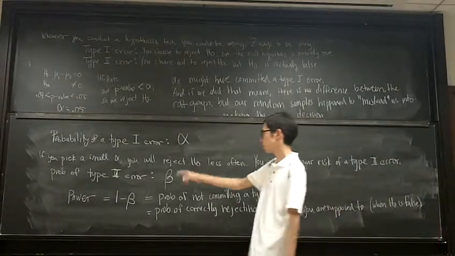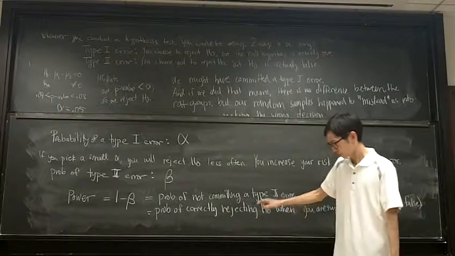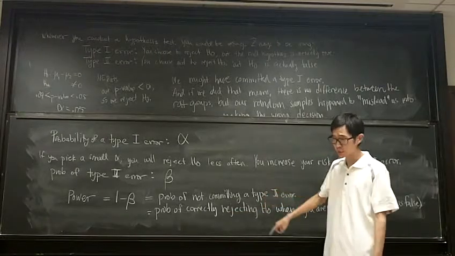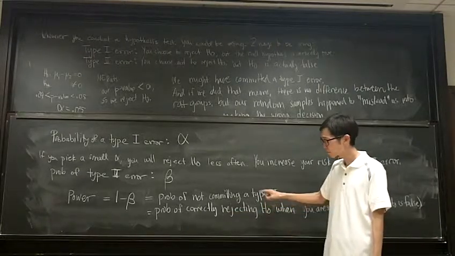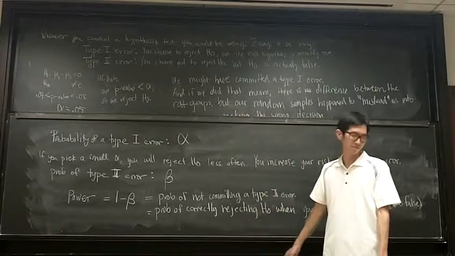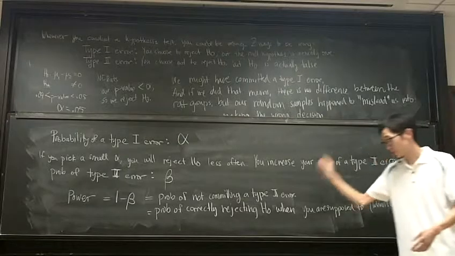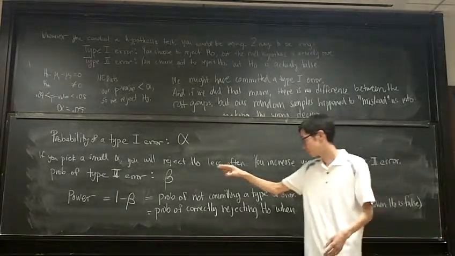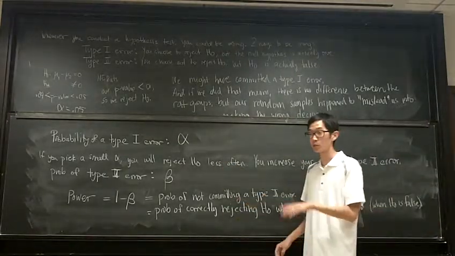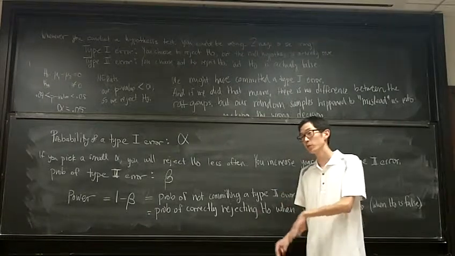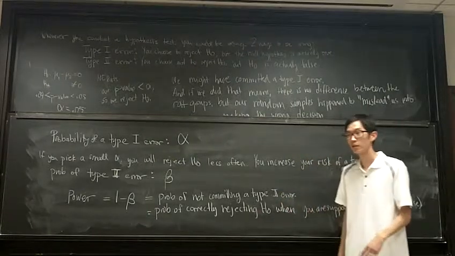So, type 2 error is beta, and the complement to that is the power, okay? And that's the probability of correctly rejecting the null when you're supposed to reject the null.